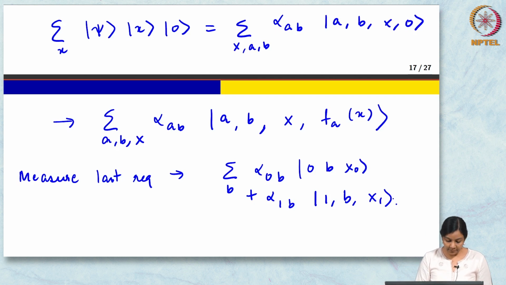Any questions? So, this is how we are going to construct our superposition over the claw, entangled with our state.